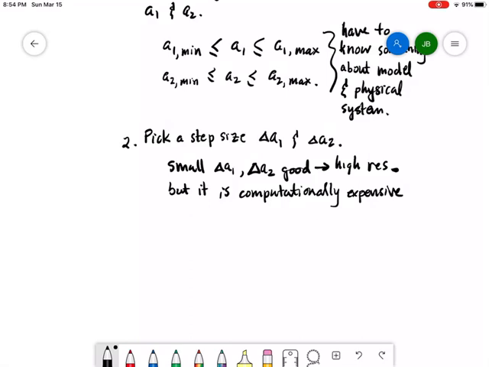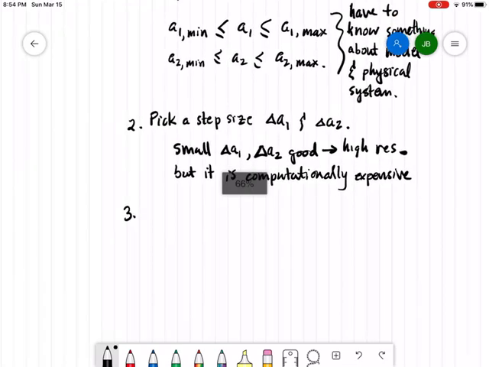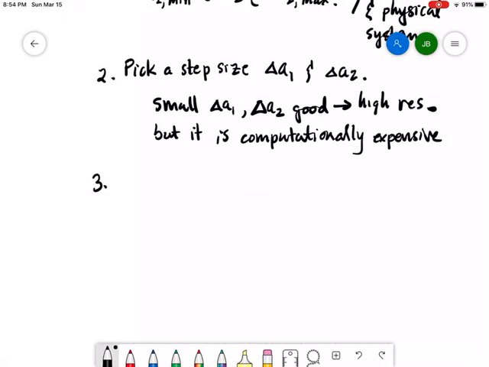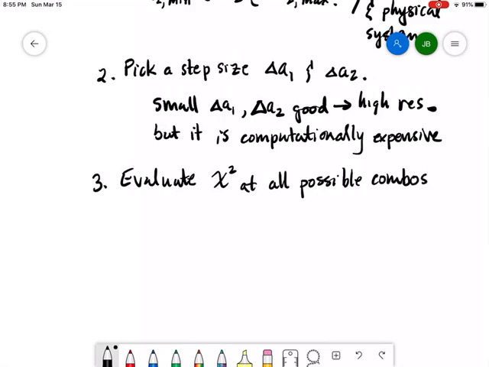Okay, so step 3 is to evaluate chi-squared at all possible combinations of A1, A2.